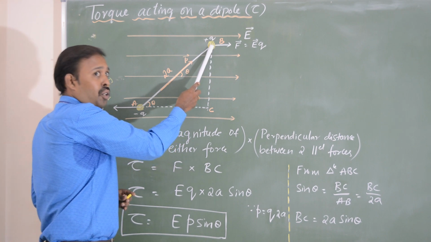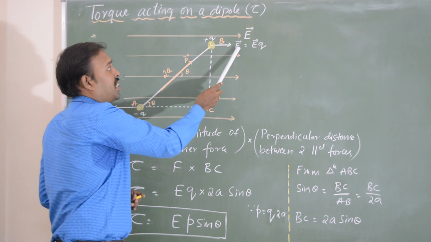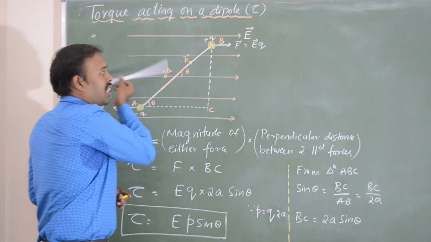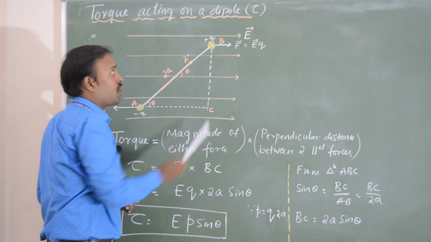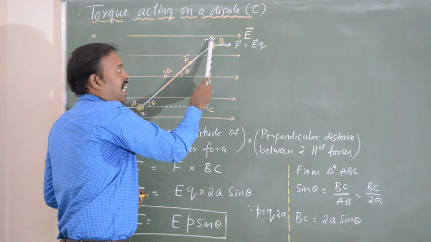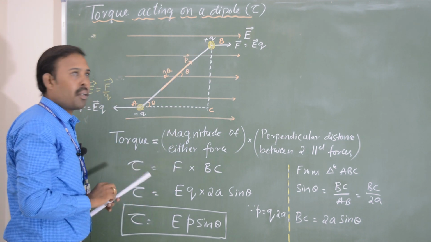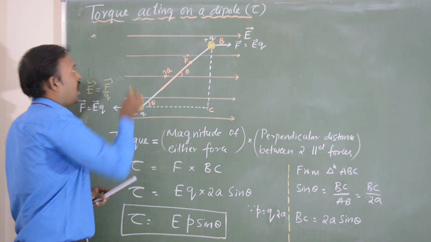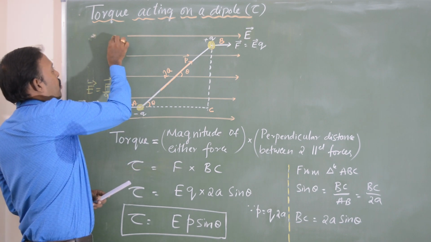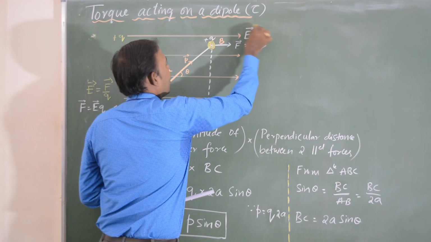This plus Q will experience a force, F is equal to EQ, along the direction of the electric field. This is the direction of the electric field. The charge experiences a force along the direction of the field because the electric field is made up of two charges, plus Q here and minus Q there.